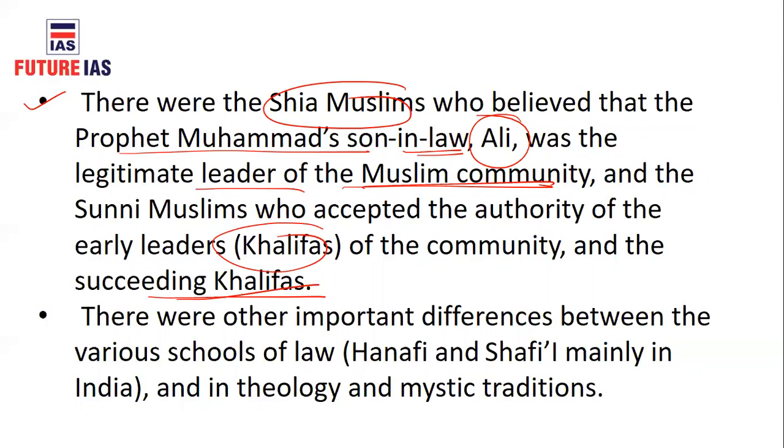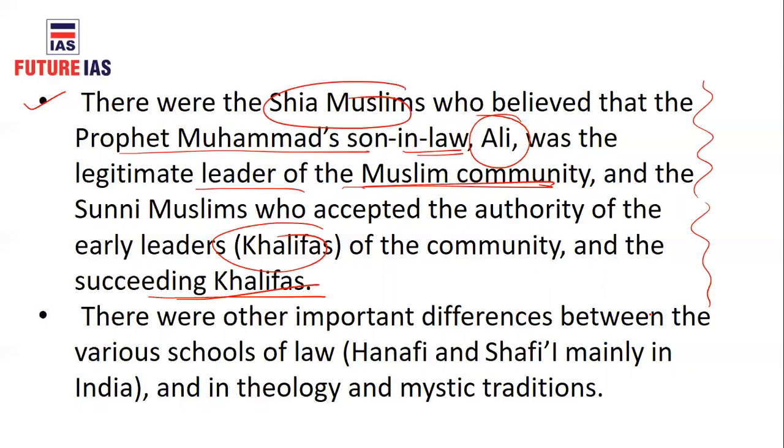So there was a continuous tussle between the Shias and Sunnis. The Sunnis think that there is authority of the early leaders, the Khalifas of the community, and the Shias started believing that the Prophet Muhammad's son-in-law, Ali, was the legitimate leader of the Muslim community. So that is how the two sects among Muslims started growing.